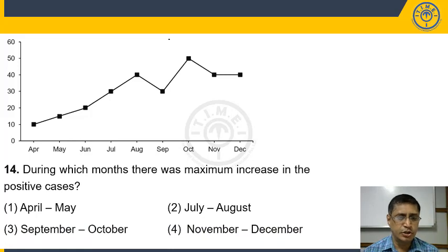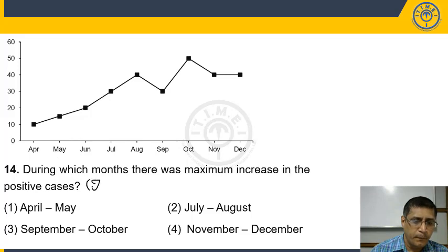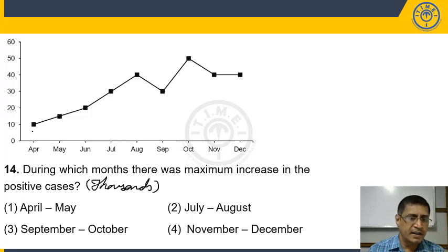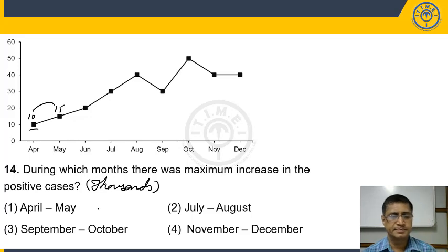Right. Now, during which months was there an increase in the positive cases? Here all these values are in thousands. So here 10,000, this is 15,000. Increased by 5,000.